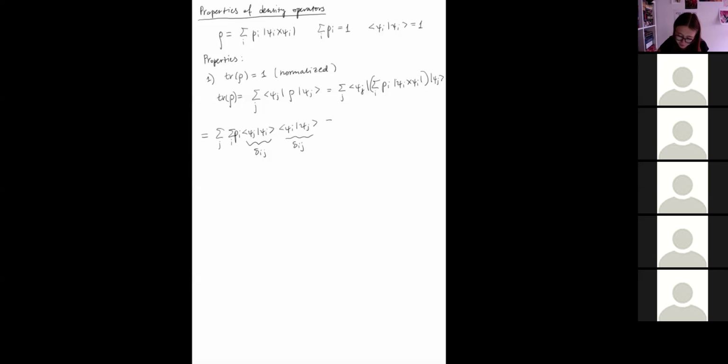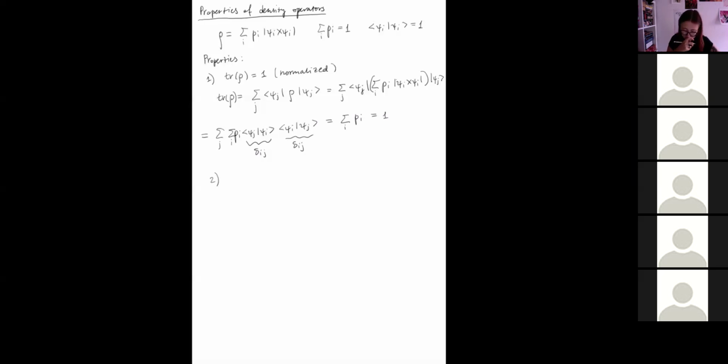Hence what we arrive at is the sum over i of p_i, which equals 1, because the p_i's correspond to the probability distribution of the states, so they have to sum up to 1. So indeed, the trace of rho equals 1.